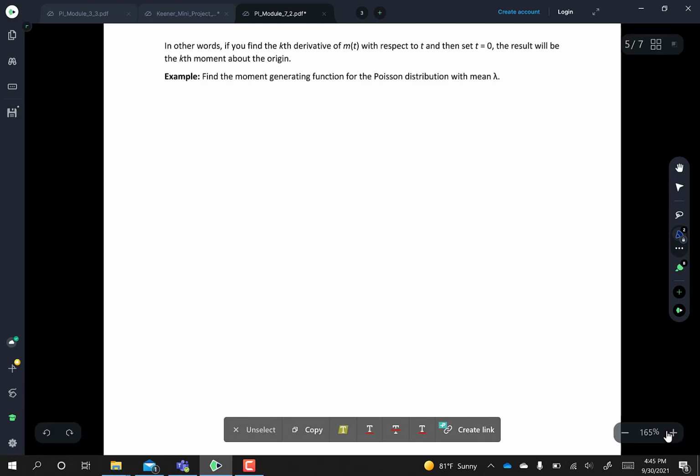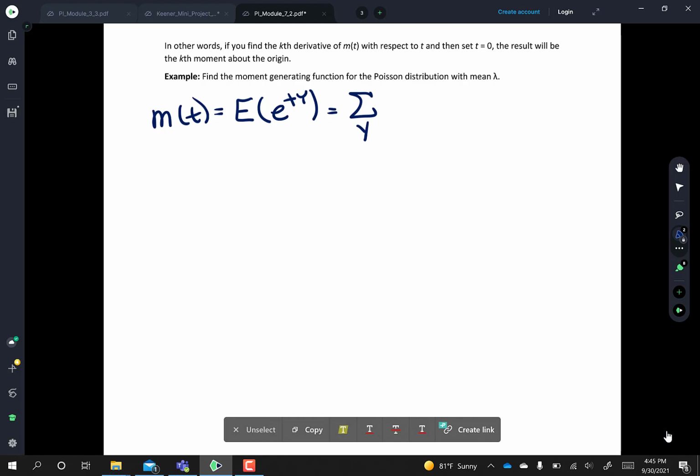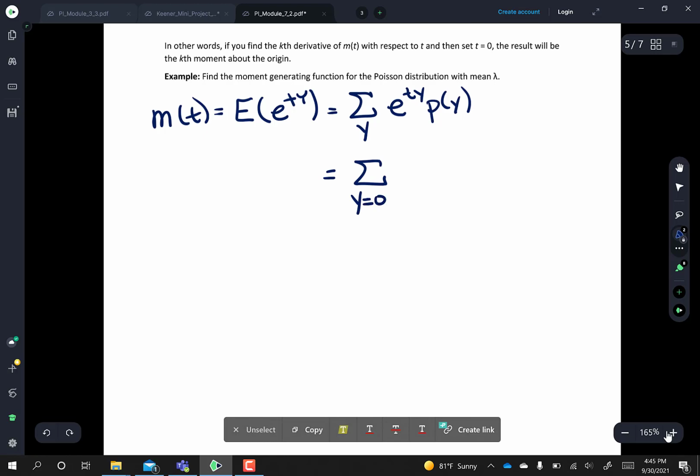All right, so starting out, we're just going to have our definition of the moment generating function. So notice here I'm not integrating because the Poisson was a discrete random variable. So I have the definition of the expected value for a discrete random variable. Remember that for a Poisson distribution, y goes anywhere from 0 all the way up to infinity.